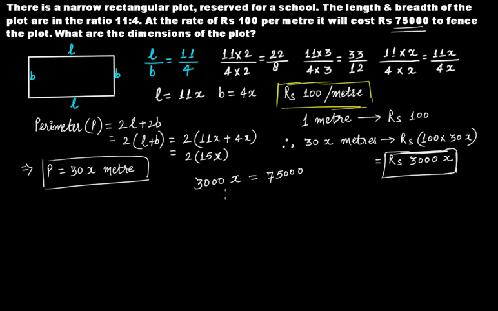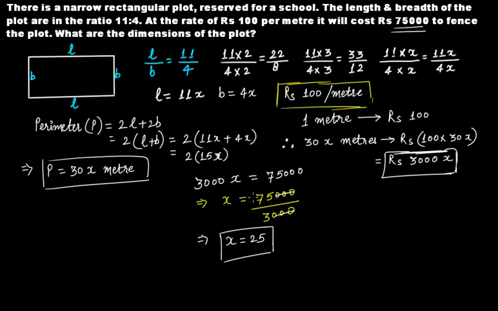So if you now solve it, x is equal to 75,000 divided by 3000, right? So we have 3 zeros here, 3 zeros here, and if you solve it, you get x as 25. Now x comes as 25.